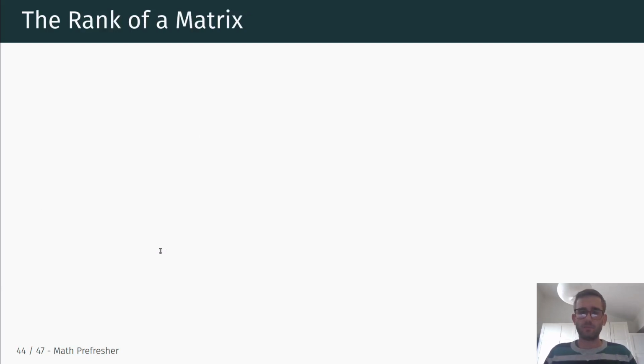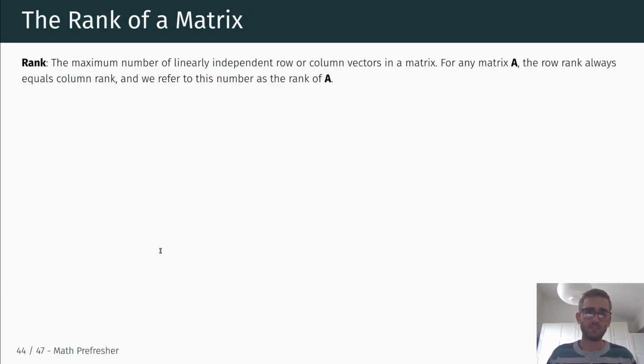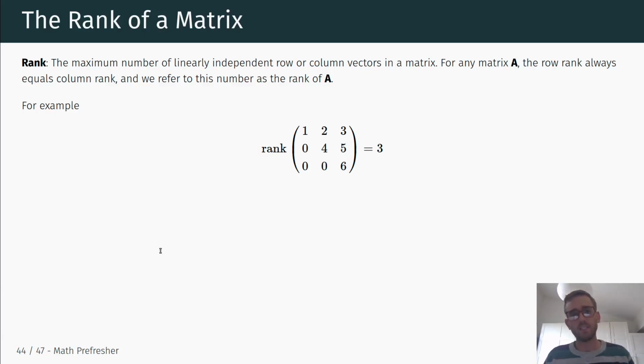Another important concept is the rank of the matrix. The rank of the matrix describes the number of linearly independent row or column vectors in a matrix. For any matrix A, the row rank always equals the column rank, and we refer to this number as the rank of A. So, thinking back to what linear independence means for vectors, ultimately we apply that logic to matrices.